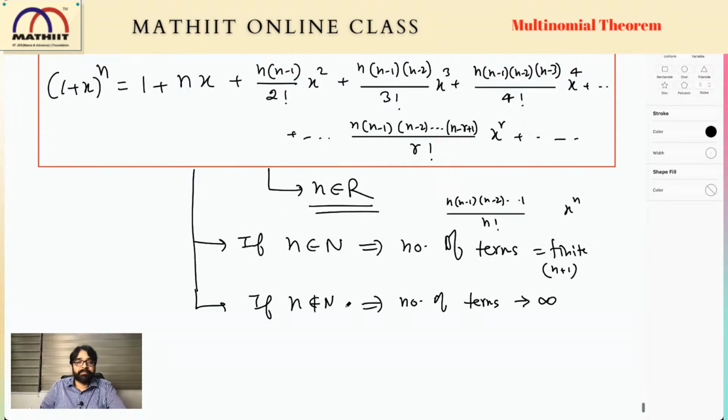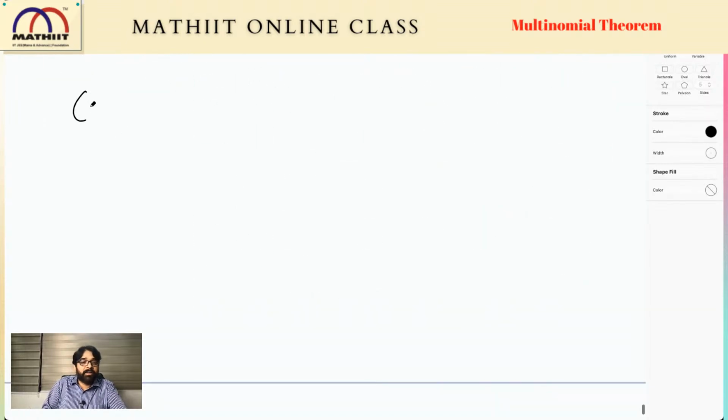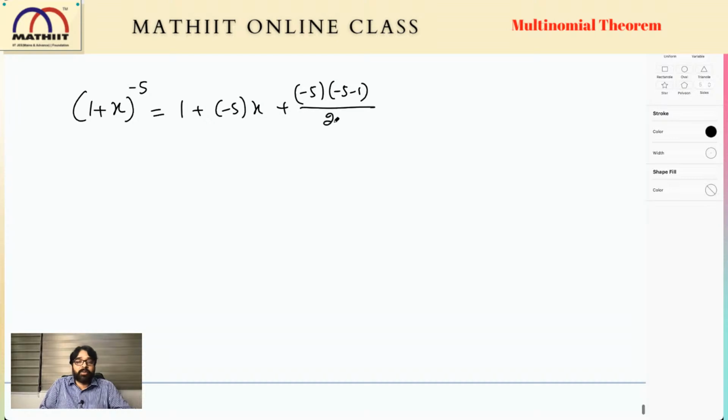Let me show you something. If I say expand (1 plus x) power minus 5, what is the series? 1 plus nx, n is minus 5, x, plus n into (n minus 1), meaning minus 5 into (minus 5 minus 1) by 2 factorial into x square, plus n into (n minus 1) into (n minus 2) divided by 3 factorial into x cube, and so on.